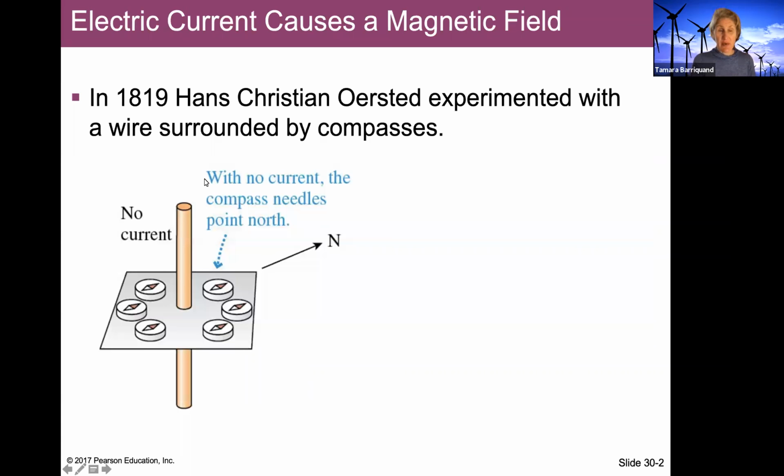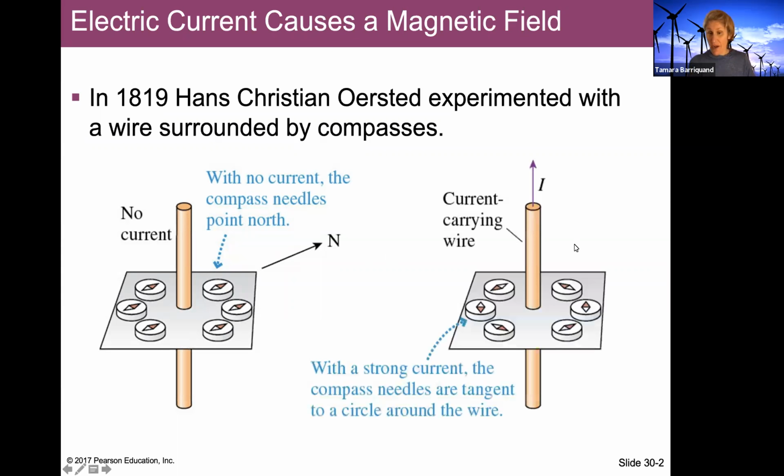First we started with an experiment in 1819 with Hans Christian Ørsted, and he had a wire, and that wire was surrounded by compasses. So we see these compasses here, and all of the compasses are pointing in the northerly direction. They're all pointing north like they should. And then what happened was Ørsted put a current through this wire.